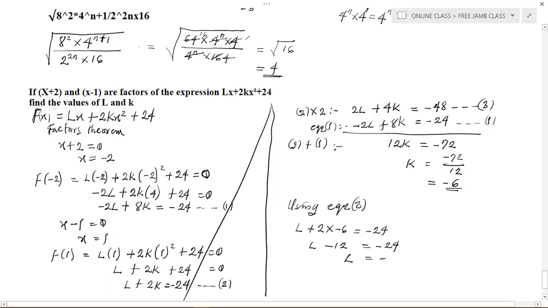So L equals minus 24 plus 12, transferring the minus to the other side. So we now have L equals minus 12. Therefore, from the question, L is minus 12 and k is minus 6. Is that clear?